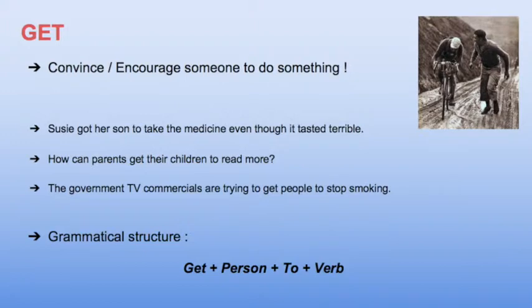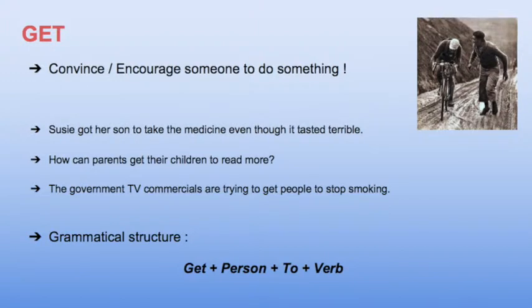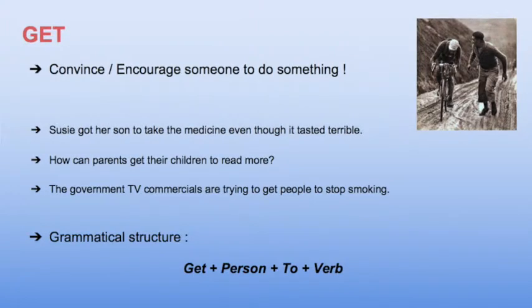For example, in these three sentences: Susie got her son to take the medicine even though it tasted terrible. How can parents get their children to read more? And the government TV commercials are trying to get people to stop smoking.